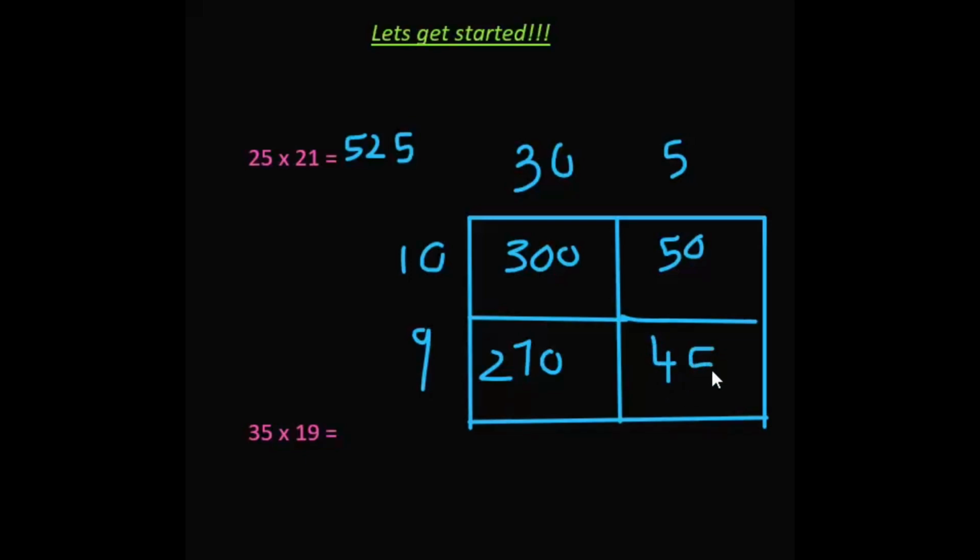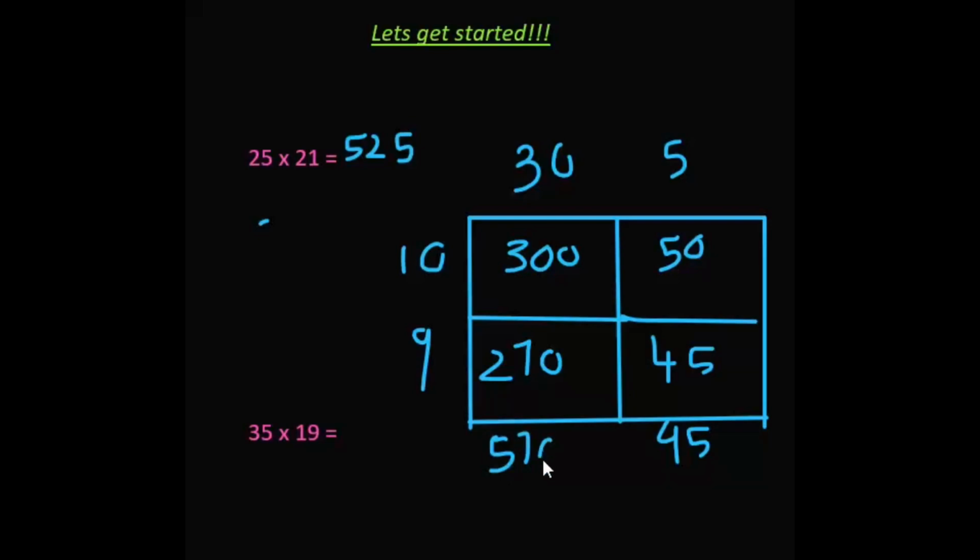Now we've got all our smaller numbers here. Now let's add. Let's do this first: 50 plus 45 equals 95. 300 plus 270 equals 570.